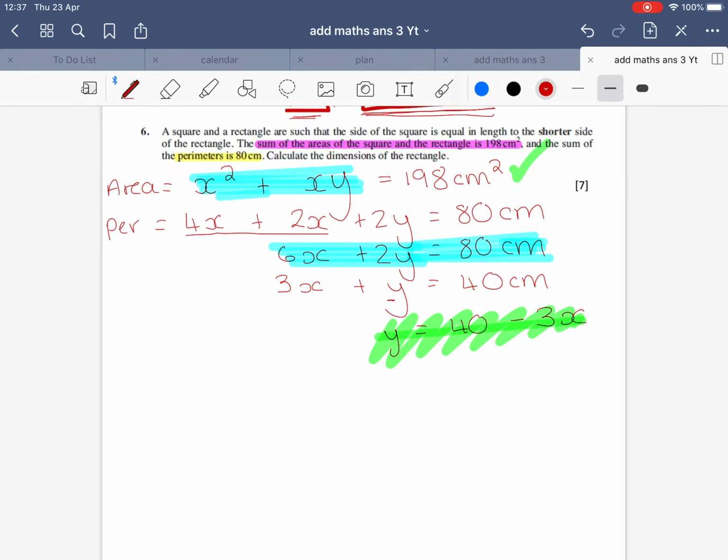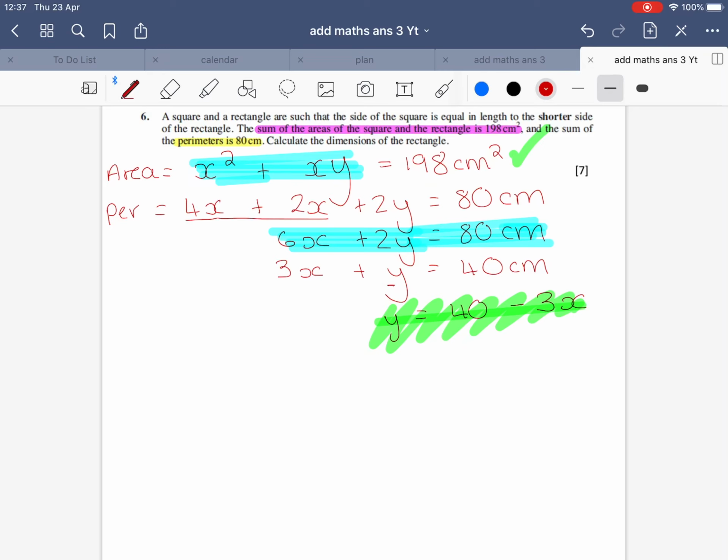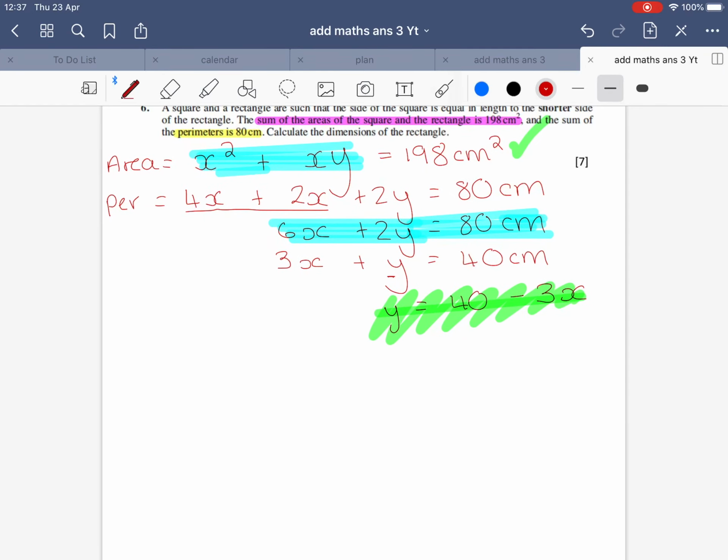So if I substitute in y equals 40 minus 3x into x squared plus x times y is 198, then I can simplify it and hopefully get some answers for x. In that top equation, I've got x squared plus x times y. Now instead of y, I've got 40 minus 3x, and that still equals 198. I'm going to leave centimetres off for a minute.